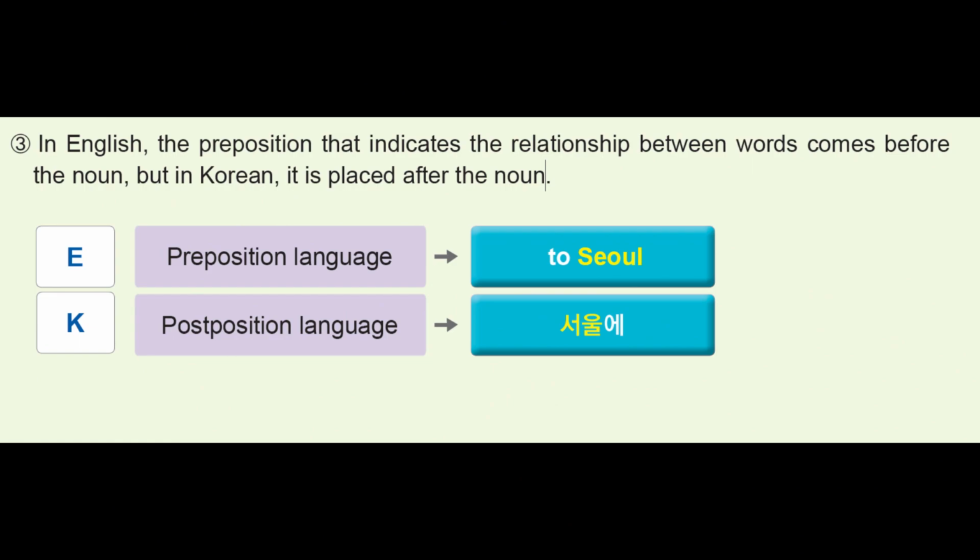Number 3. We already said that word order in sentences is different between English and Korean, so let's get a bit more specific. In English, we can say, let's go to the store, with to coming first and the store coming after.